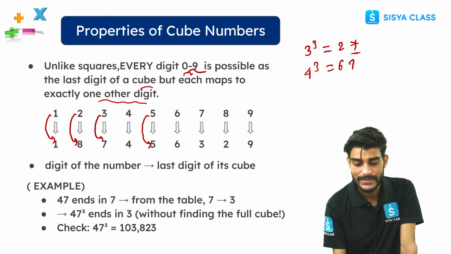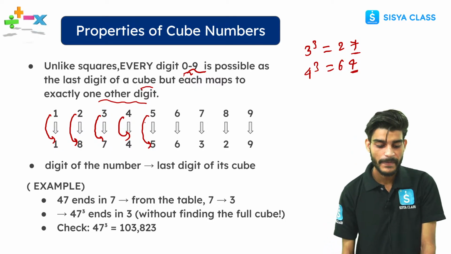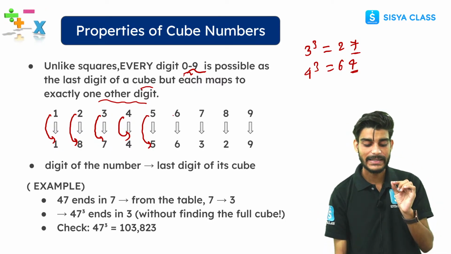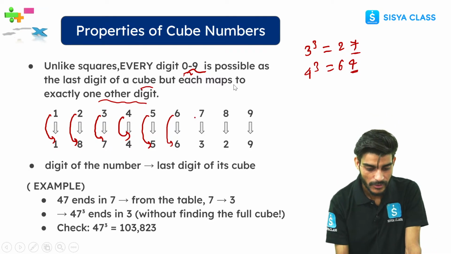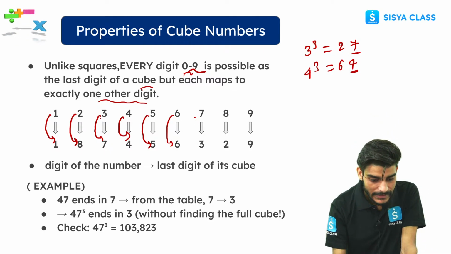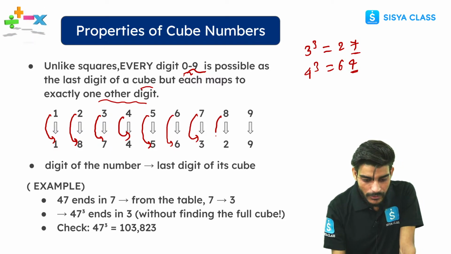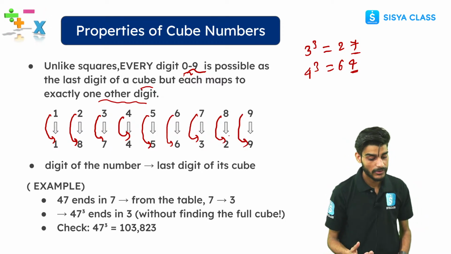So what is the last digit for that? 4. So 4 maps to 4. 5, it is 125, so last digit is 5. 6 will map to 6. 7, now just reverse the process. 3 maps to 7, so 7 will map to 3. 2 maps to 8, so 8 will map to 2. 9 will map to 9 only. So this is how you have to remember this.